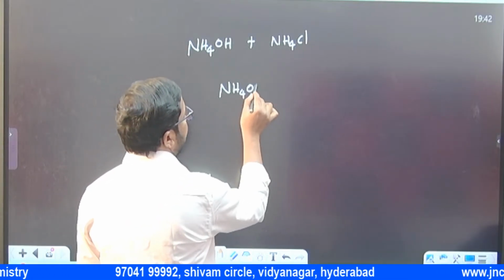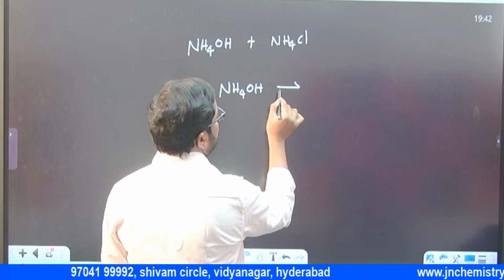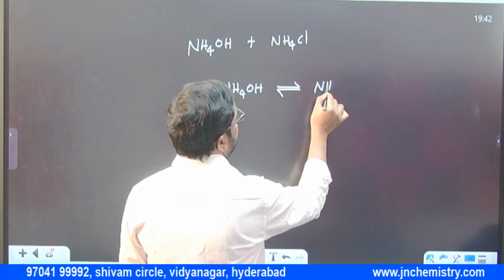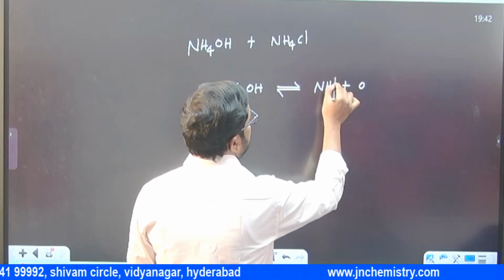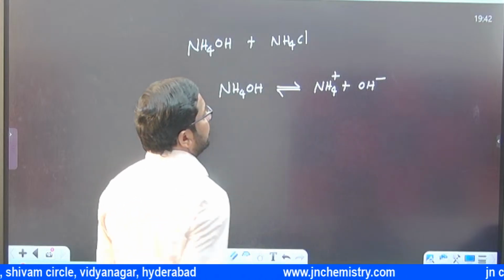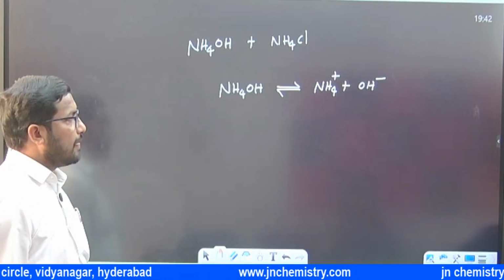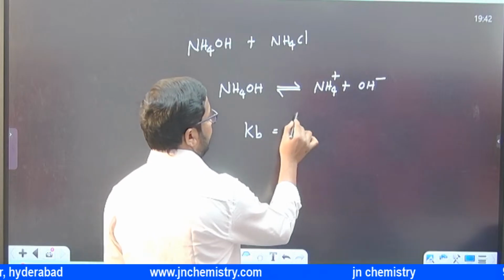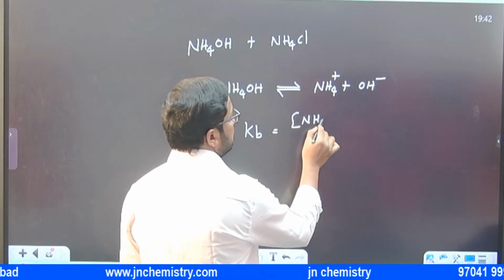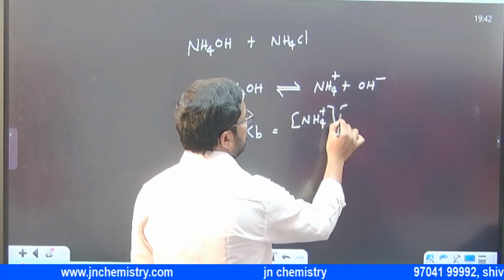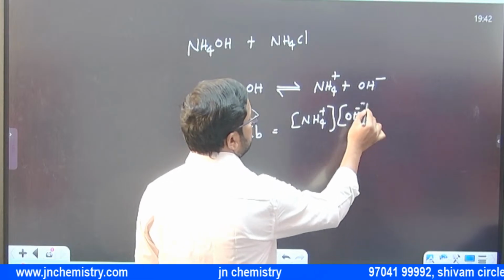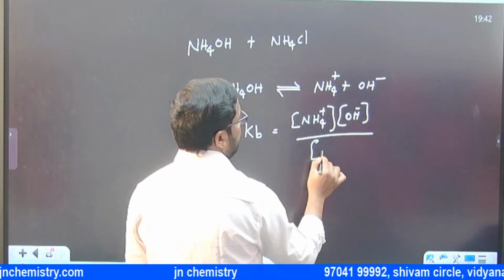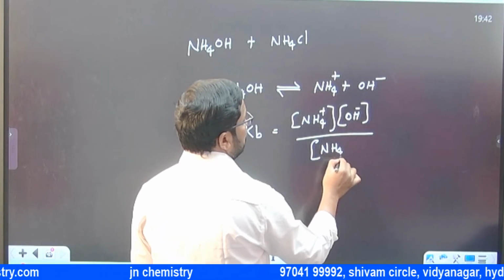NH4OH gives rise to NH4 plus and OH minus, right? Kb equals NH4 plus concentration, OH minus ion concentration by NH4OH.